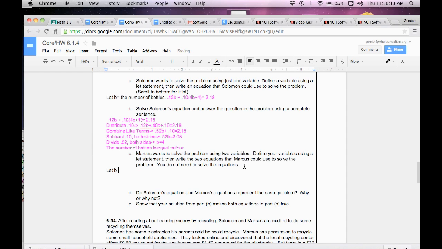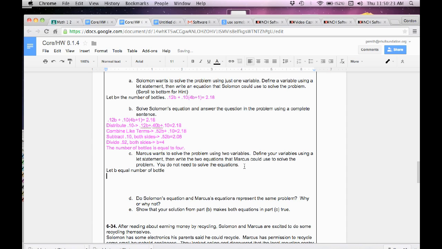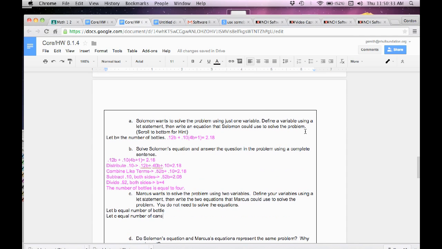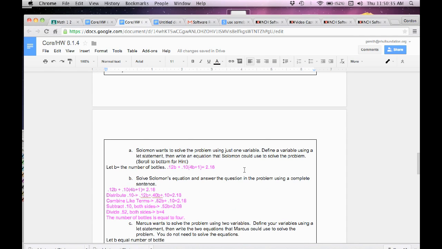Let B equal number of bottles. Let C equal number of cans. Okay, simple as that.